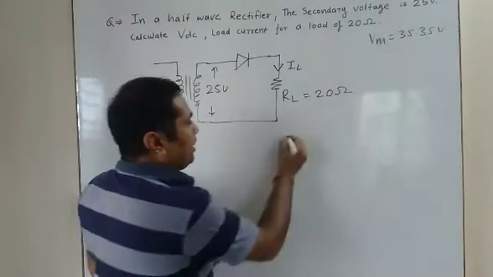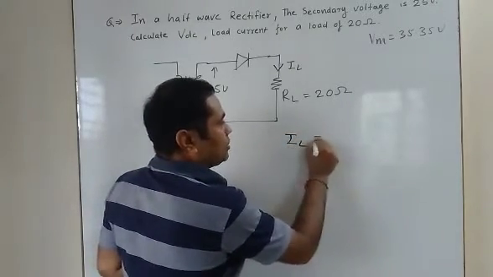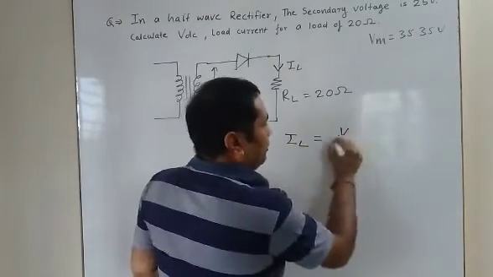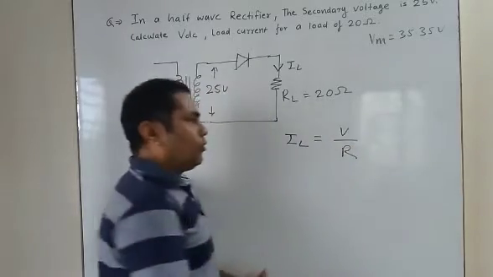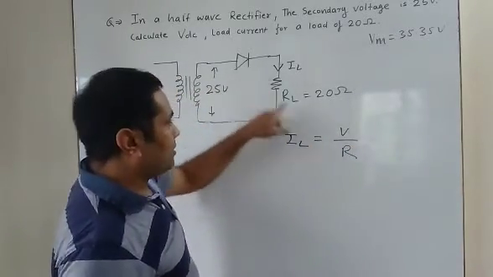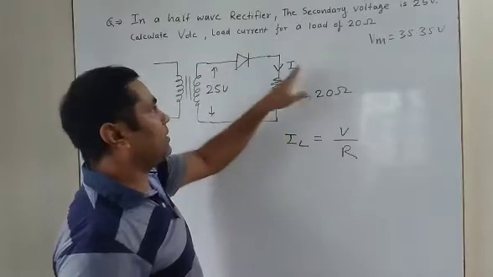Here IL can be calculated directly using Ohm's law, V upon R. Now what will be the voltage? The load resistance has the voltage after the rectification.